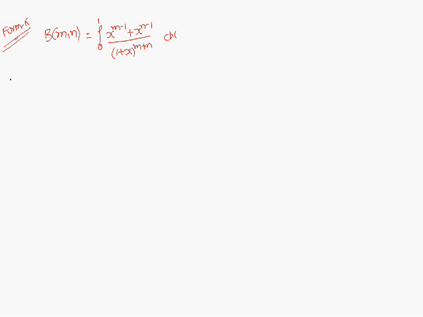So from the form 1, what we have, beta m comma n is equal to integral 0 to infinity x power m minus 1 by 1 plus x whole power m plus n into dx.